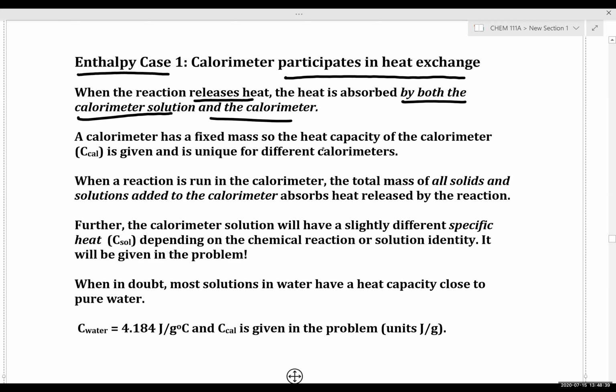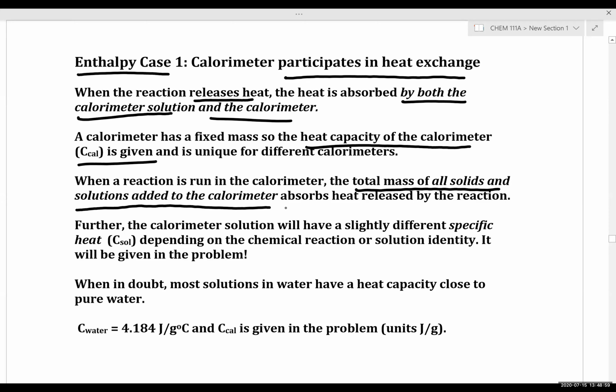The heat capacity of the calorimeter will almost always be given, and it's unique for each calorimeter setup. What's really important for coffee cup calorimetry is that when the reactions run in the calorimeter, the total mass of all solids and solutions added to the calorimeter will absorb heat released by the reaction.